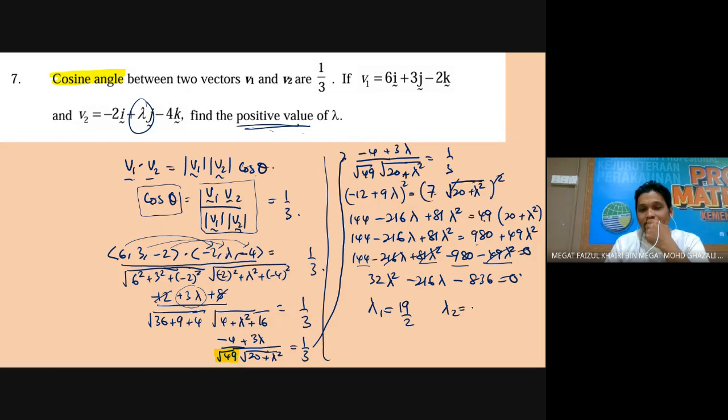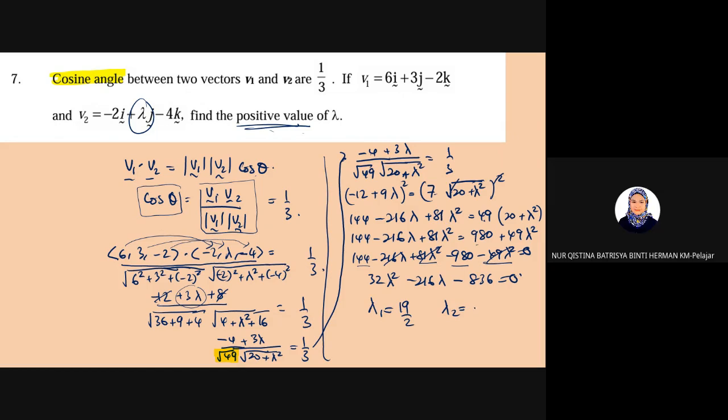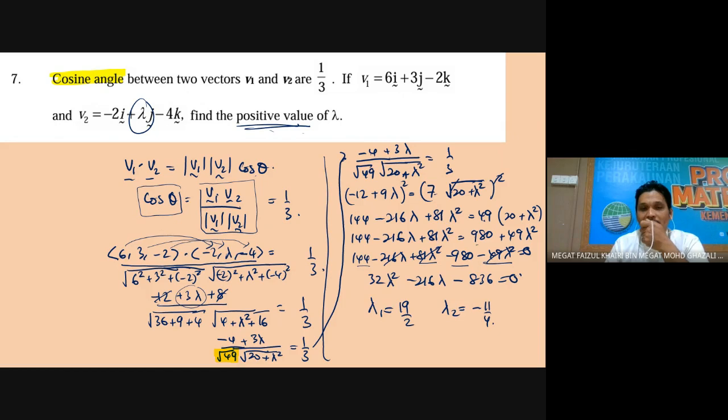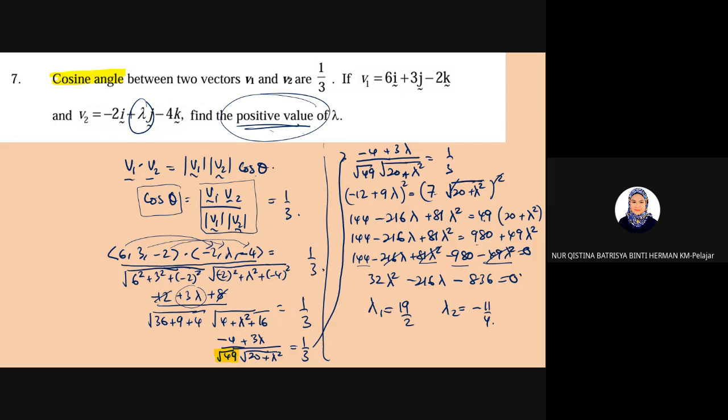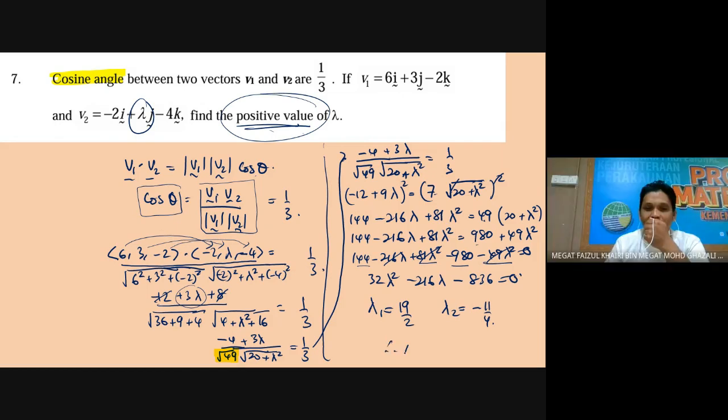Another one, negative 11/4. So are we going to take both of these as our final answer? No. Okay, so it's only lambda equal to 19/2. There you go.